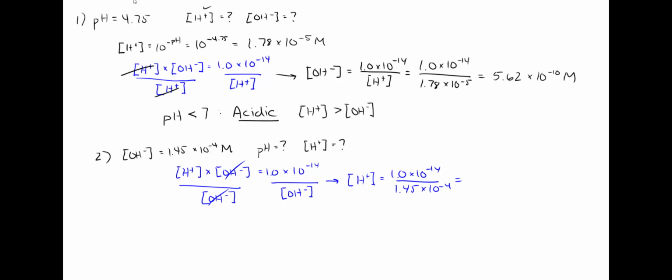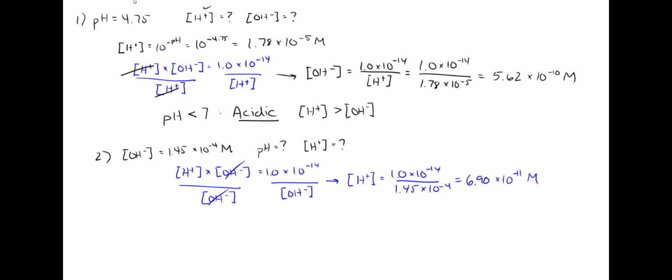And this gives me 6.90 times 10 to the minus 11. And while I admit we're being sloppy here with units because of the fact that pH has no units and that this would have a weird unit of molarity squared, we still do always want to write molarities for any of these values that are in square brackets here.